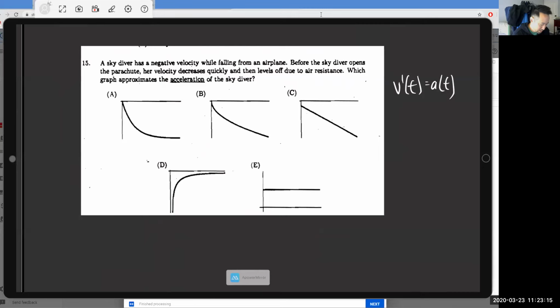And my slope looks like it's starting to get less negative, right? And it starts leveling off at 0. So the only graph that represents that is D. This graph is going up, which means it's getting less negative. These are all negative values, but it's getting less negative and starting to level off at 0. So D is my acceleration graph.